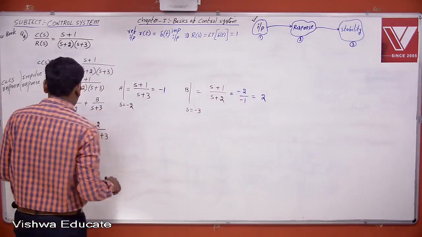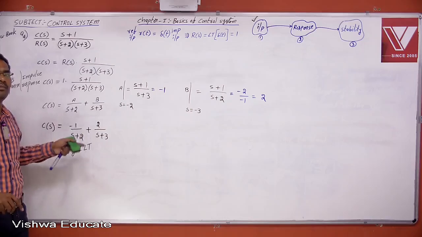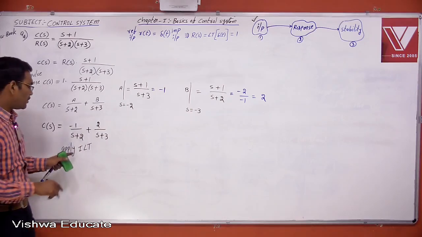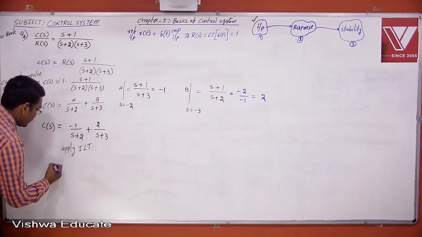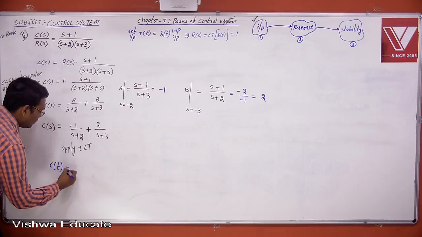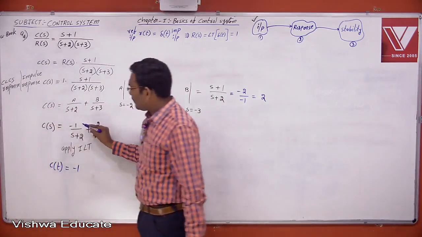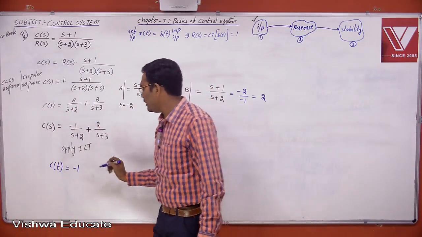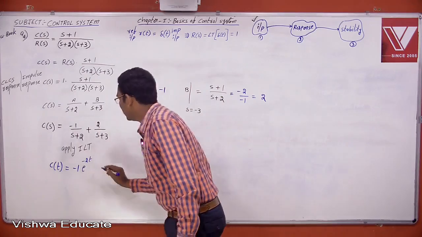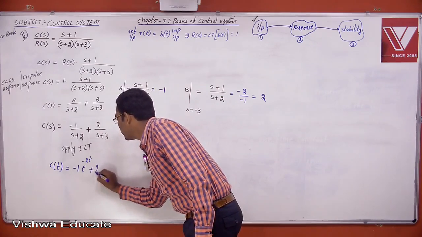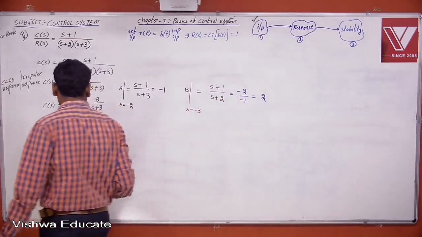Now see here, in the first classes I gave all the formulas. Those formulas are frequently repeated, that's why I gave those formulas. Therefore, if you apply the inverse Laplace transformation, the inverse Laplace transformation of C of s is C of t, which is equal to minus 1 into, what is the inverse Laplace transformation of 1 by s plus 2? e power minus 2t, plus 2 into, what is the inverse Laplace transformation of 1 by s plus 3? e power minus 3t.